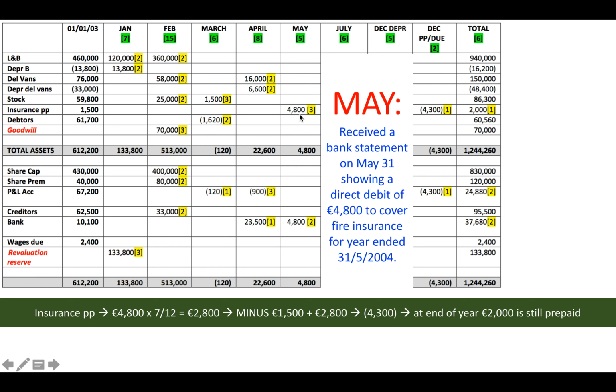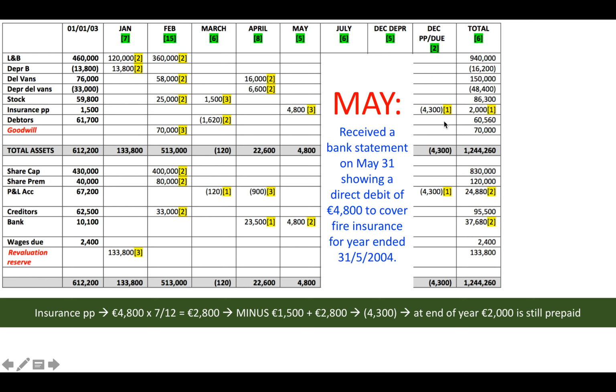So 4,800 multiplied by 7 over 12 is 2,800, okay? But what I have to do is remember that I also have this 1,500 here. So that is 4,300 altogether. So I'm going to take that 4,300 away here, and that will leave me with having 2,000 euro insurance prepaid for 5 months of next year.